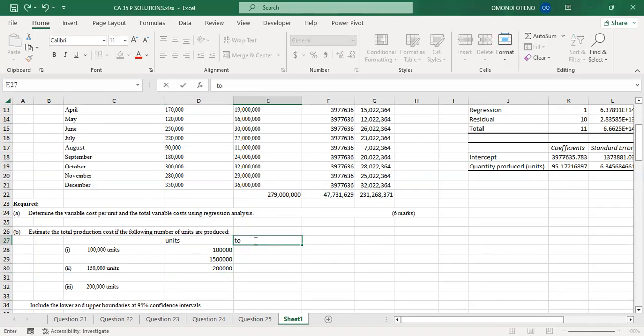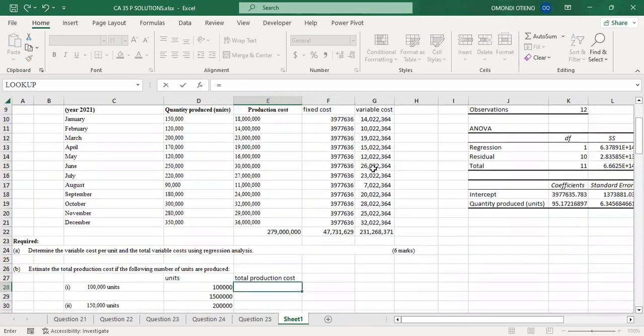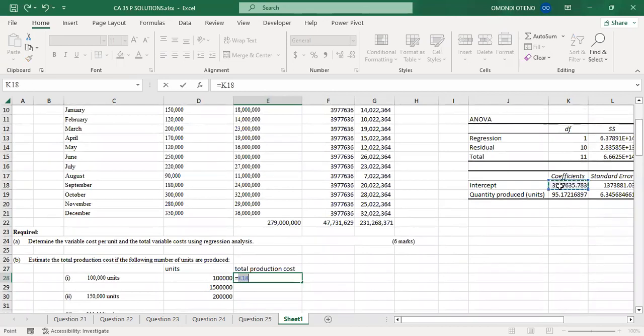So total production cost will be equal to fixed costs. Remember, our y is equal to a. So what is the value of a? Here we have to log it, plus, close the bracket, variable cost per unit. Then we multiply by the units produced, which is this one here.